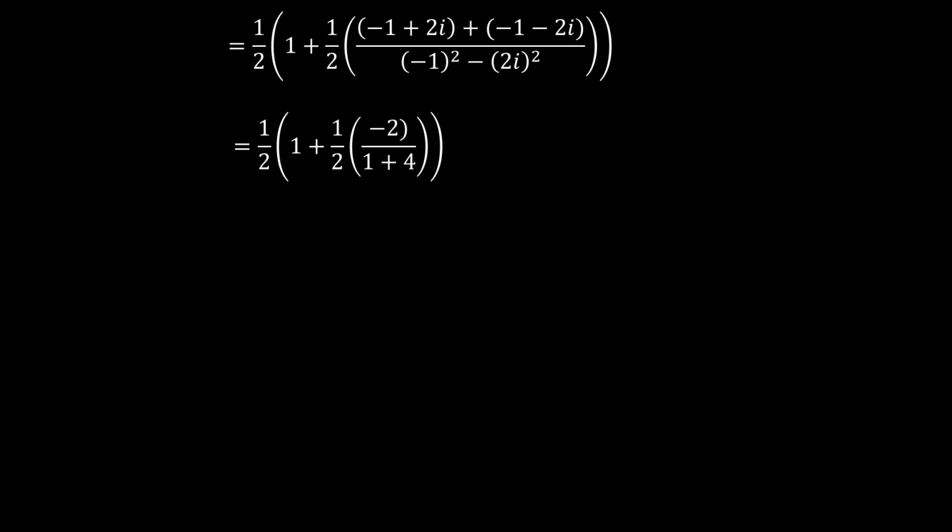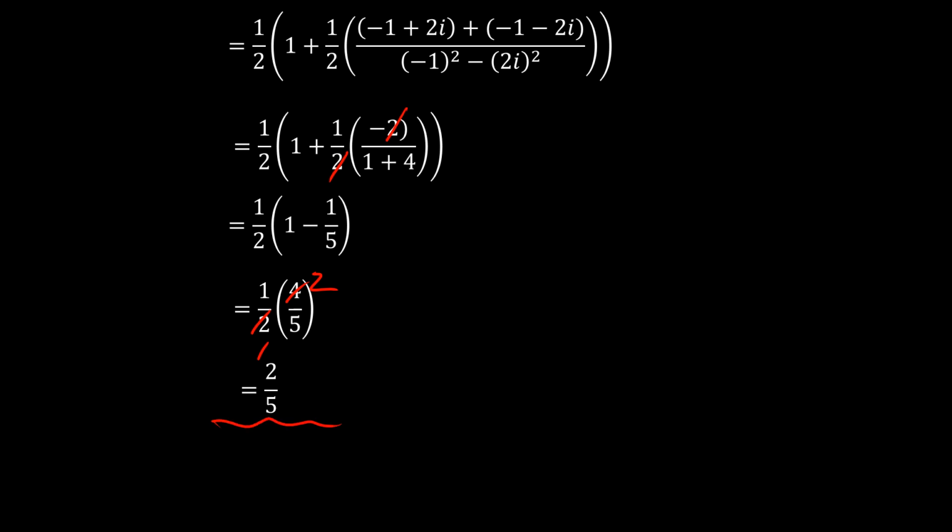The negative 2 arising from up here would cancel with that, and so we have a half in bracket 1 minus 1 over 5, and 5 minus 1 is 4, so we have 4 over 5, and this becomes, by 1 by 2, 2 over 5. And this is the final answer that was provided.